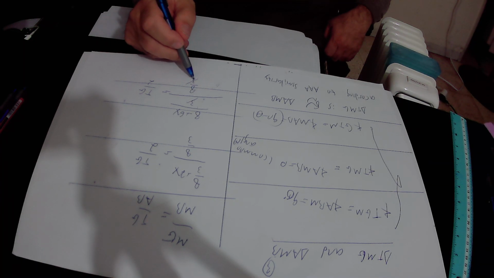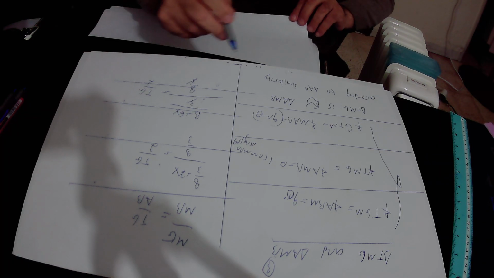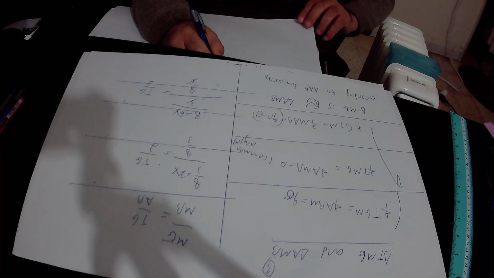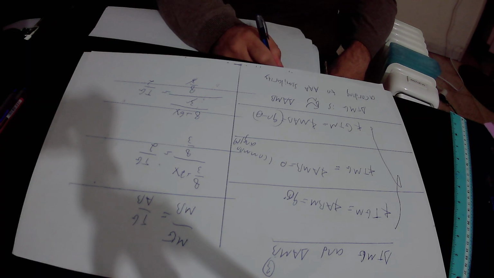What is left from this equation after we cancel 3? On this side of the equation we have 8 plus 6x over 8 equals TG over 2.